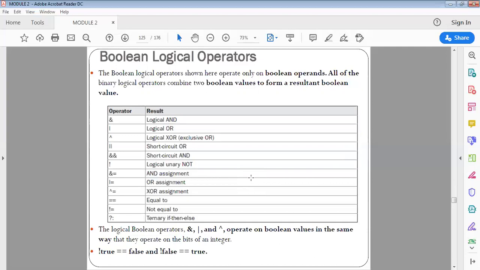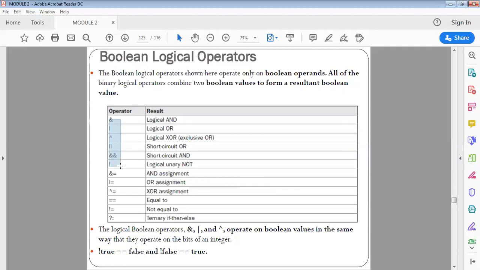Here also there are some operators, which are basic and derived operators. The basic operators are logical AND, logical OR, and logical XOR. Next you will get short circuit OR, short circuit AND, and logical NOT.